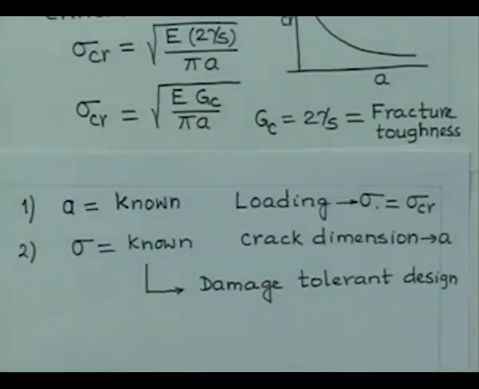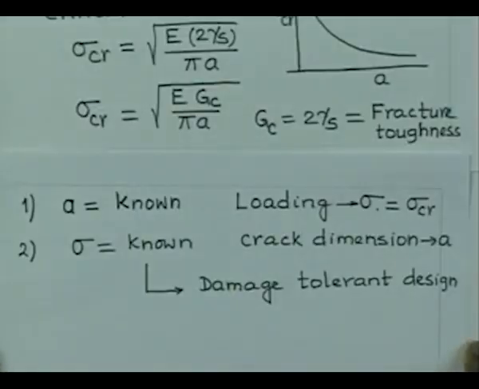Before this theory was propounded, it was not possible to assess the safety of components with crack, but after this was known and some more developments took place, the damage tolerant design has come into being and it has been utilized for the aircraft structure design. Even if the critical component of an aircraft has a crack in it, one can find out whether the loading acting on the component is still going to lead to safe performance or not.